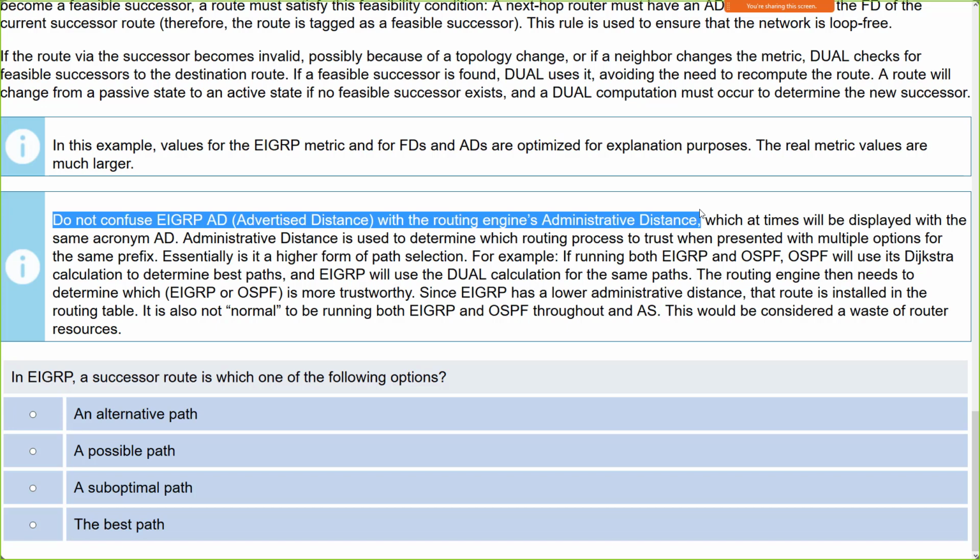There is another way you can force the router not to load balance. There is a command within the EIGRP configuration called maximum paths. The default maximum paths value for EIGRP for IPv4 is 4. So up to 4 paths will be load balanced by default if the metrics are the same.